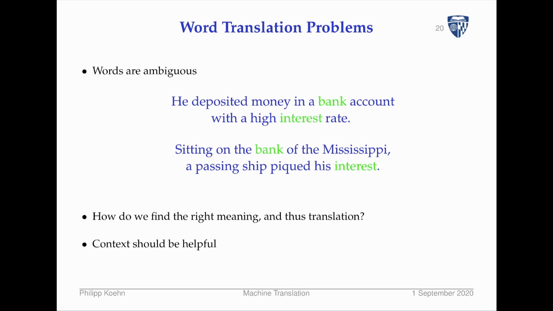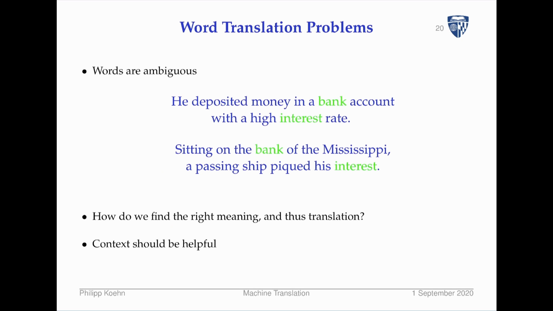And the interest here also has no financial meaning. It just means a sense of curiosity. These are very different meanings. And in many languages, they might have very different translations. So if I translate this into Chinese, into German, I might actually have to pick different words for their translations.